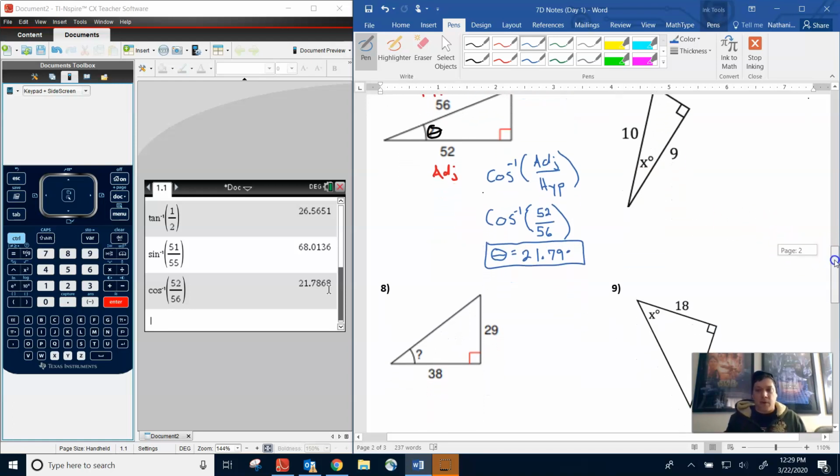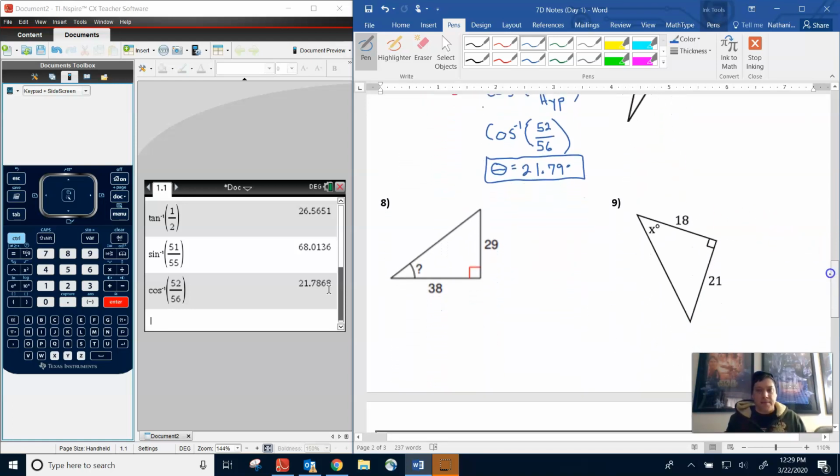Last example before we stop this. Okay? All right. Once again, here's our missing angle. Let's put theta there. Then label everything. This is your opposite side. This is your adjacent side. So then, which function uses opposite and adjacent? Well, if you've been paying attention, it's going to be tangent.